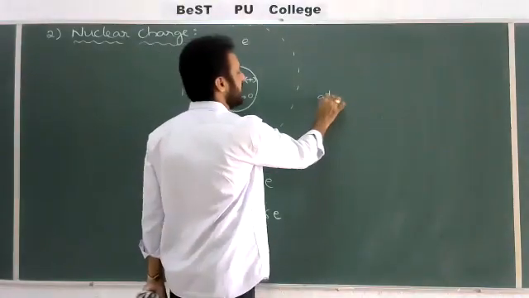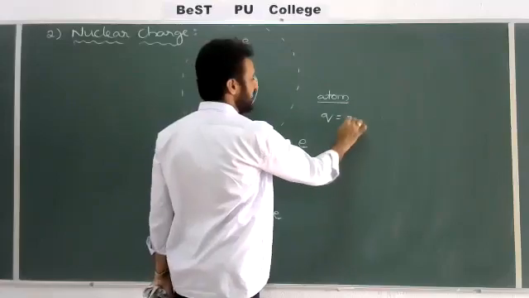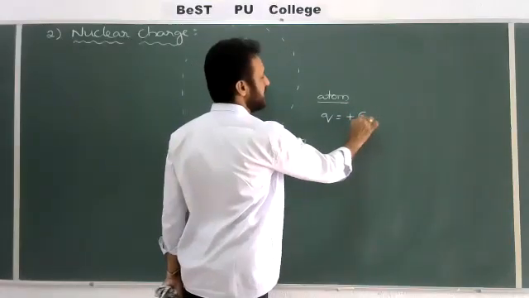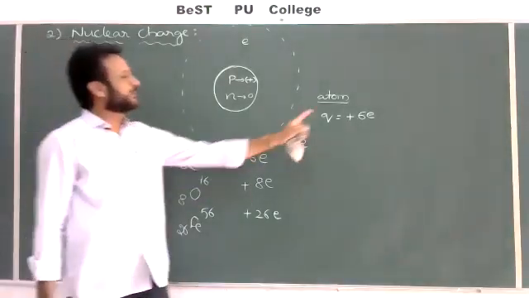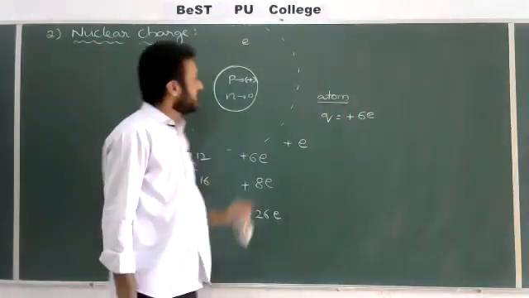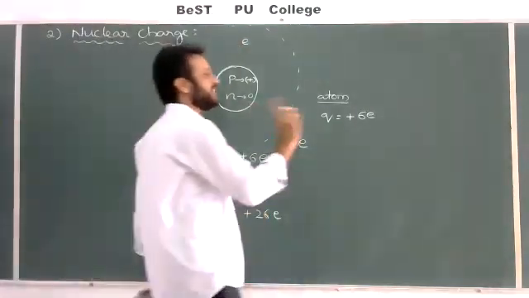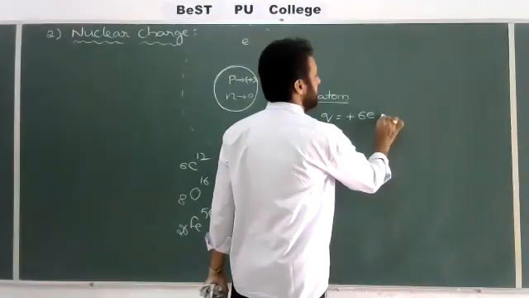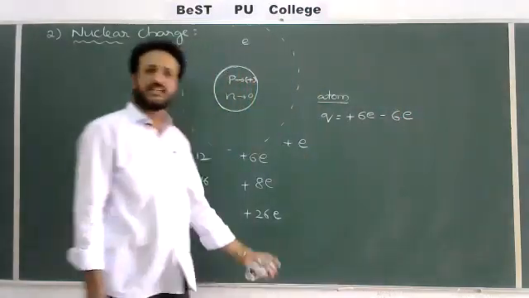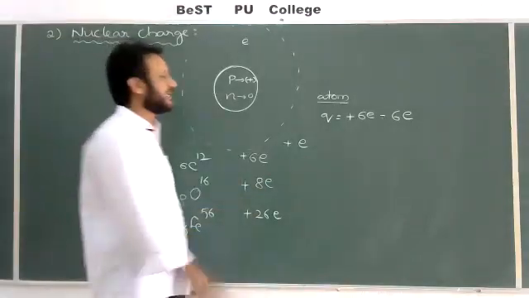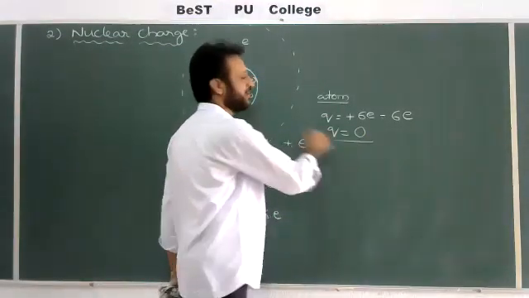Not the nucleus. For the carbon atom we should write the total charge Q equal to: it contains 6 protons, so plus 6e. The charge of one proton is plus e, and 6 protons equal plus 6e. It also contains the same number of electrons. The charge of one electron is minus e, and 6 electrons equal minus 6e. Then what is the net charge? 0. Both will cancel. So the charge of the carbon atom under neutral condition is equal to 0.